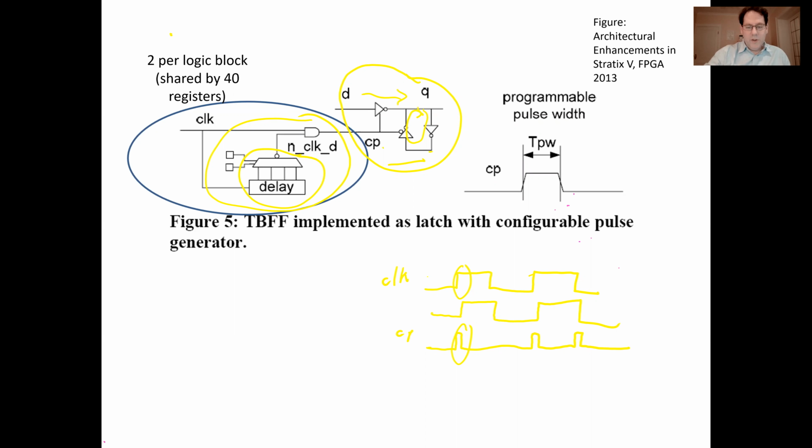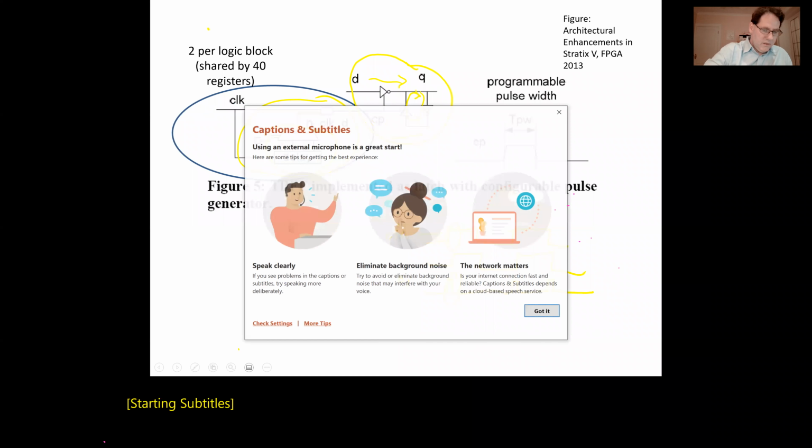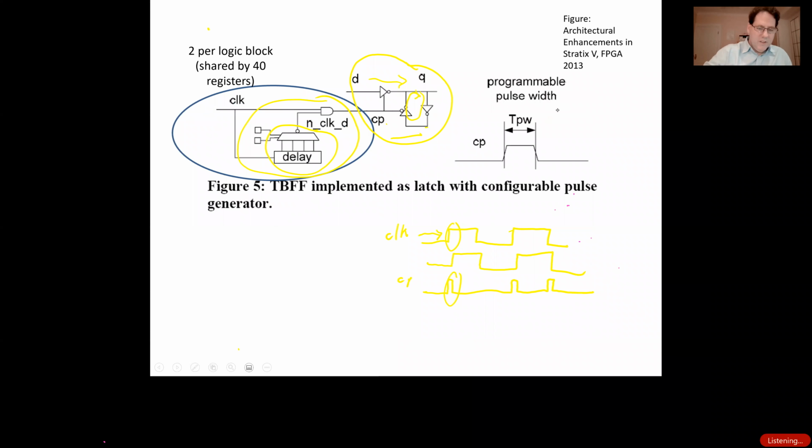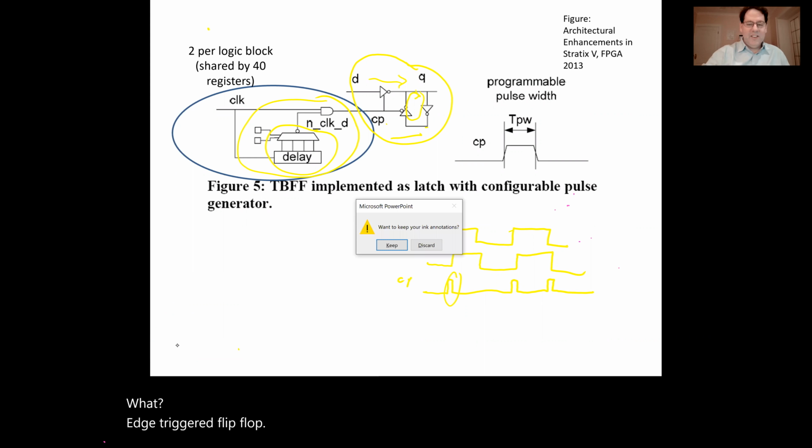Okay, so an edge triggered flip-flop, your signal has to be, let me change my pen color here. Whoops. I think I've accidentally turned on, sorry about that. Let's see.